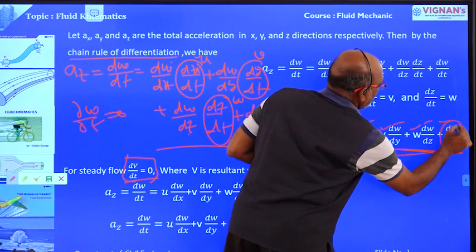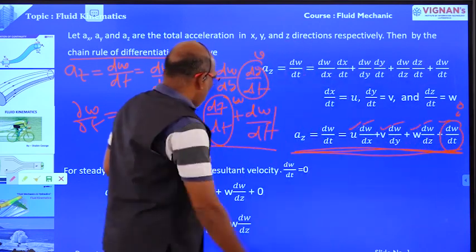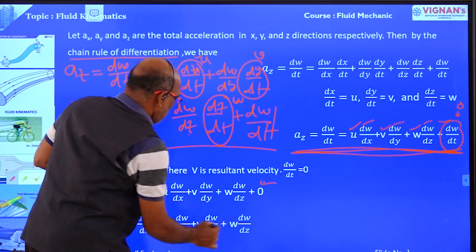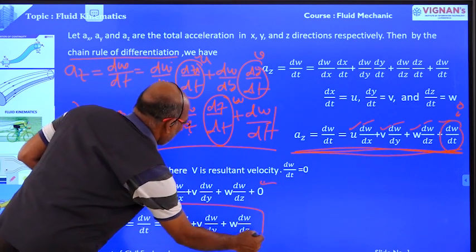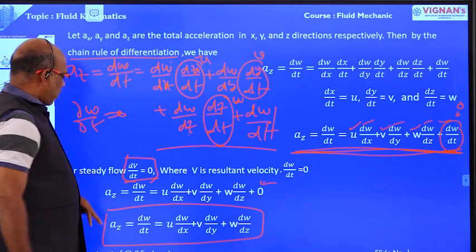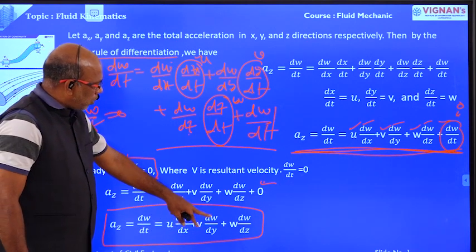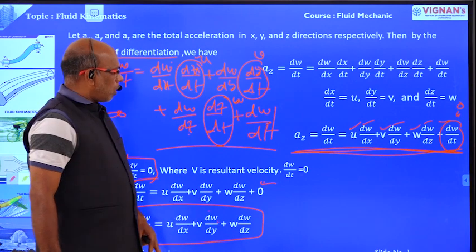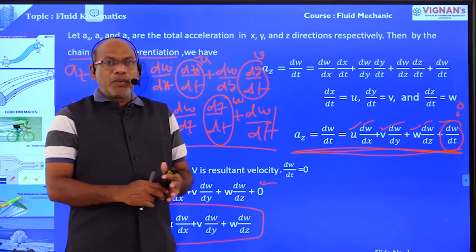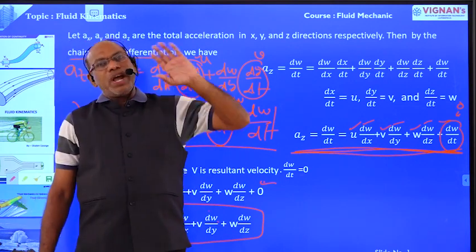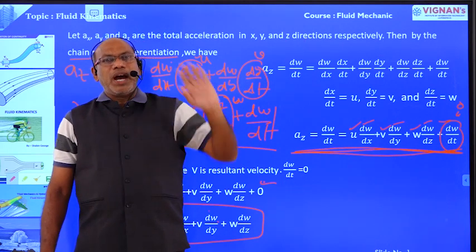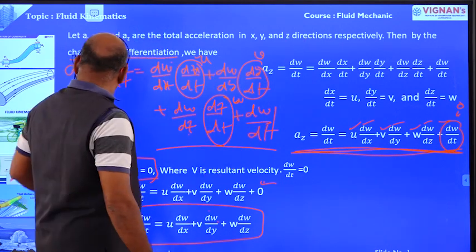In place of this value, we are going to take 0. Finally, we have the formula for acceleration in z direction: u into dou w by dou x plus v into dou w by dou y plus w into dou w by dou z. These are the formulas for the determination of the acceleration in x direction, y direction, and z direction.